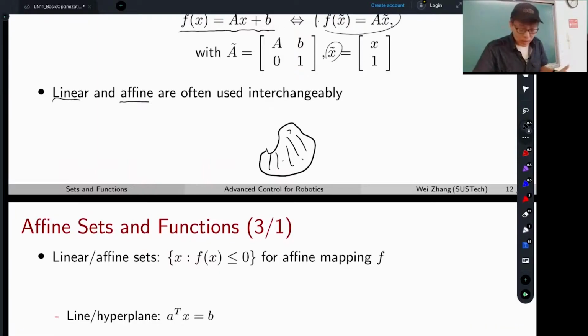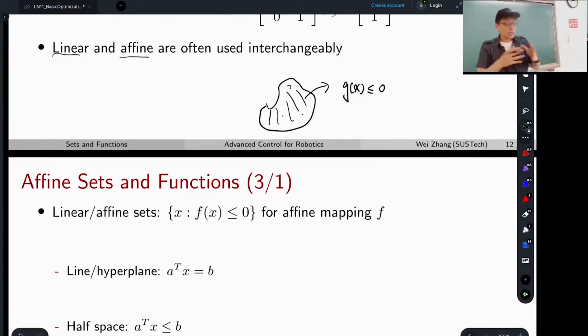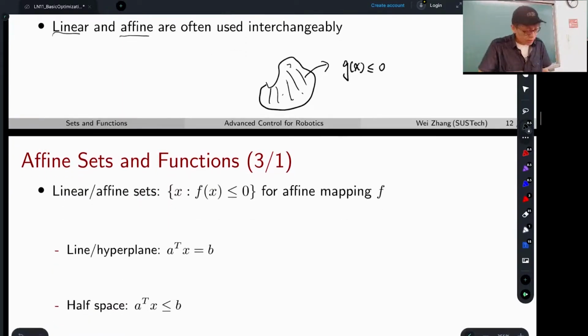But mathematically, any of these sets can be represented by some function less than or equal to 0, the sub-level set of that function. When we say a set is smooth, it typically means the function representing the set is smooth. So the set and the function are tightly related. Let's see some examples so you have a better feeling about this.